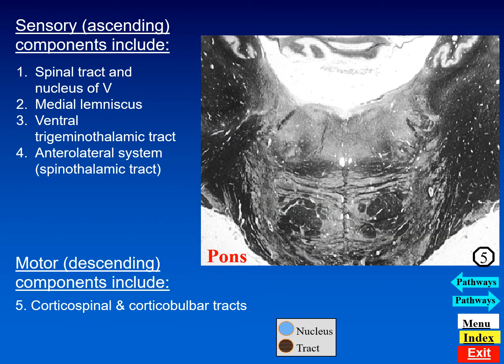In this pontine level, we will be looking at the spinal tract and nucleus of 5, the medial lemniscus, the ventral trigeminothalamic tract, the spinothalamic tract, and the corticospinal and corticobulbar tracts.